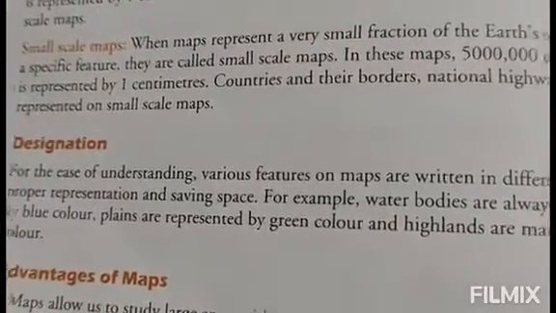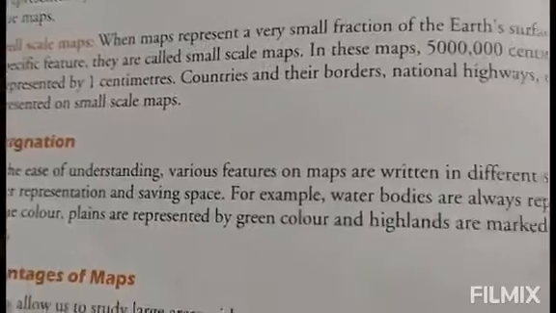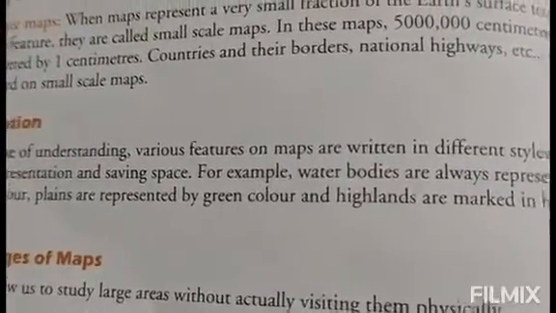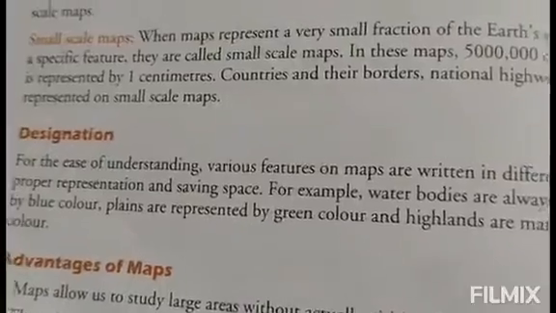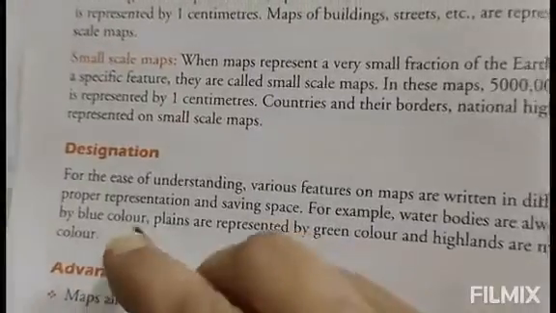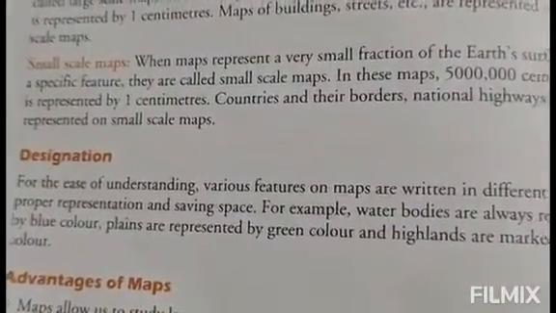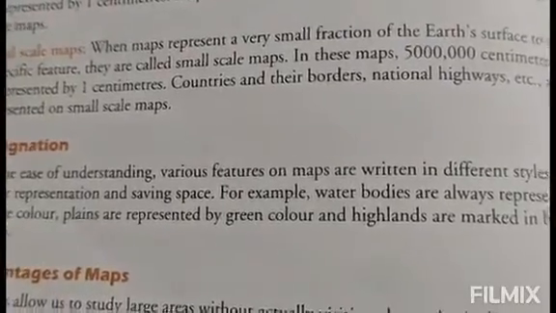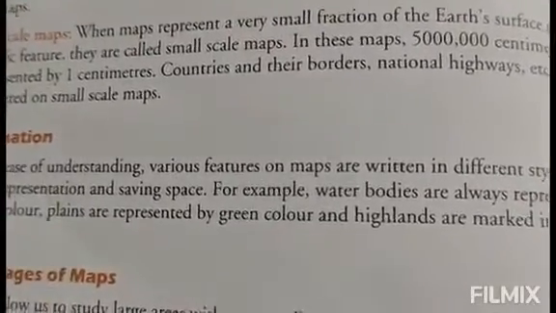Like water bodies are always shown in blue color, whether it's a river, whether it's an ocean, whether it's a lake or whether it's a pond, right? It's always shown in blue color. The same thing goes for the plains. Plains are represented by green or highlands are marked with brown, right? So why so? This is to save the space on the map. If we keep using different colors, it will be very difficult for us to distinguish between those colors, right?